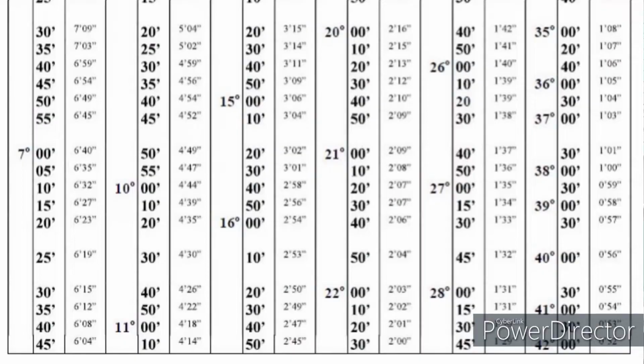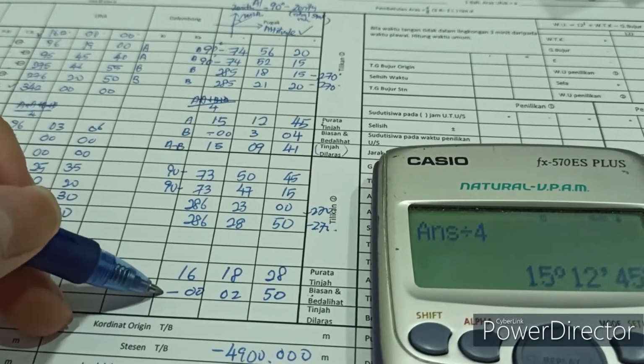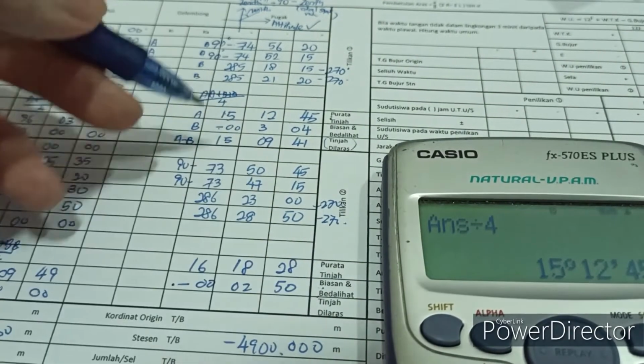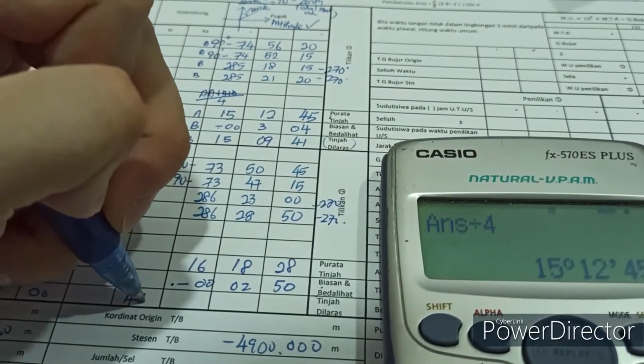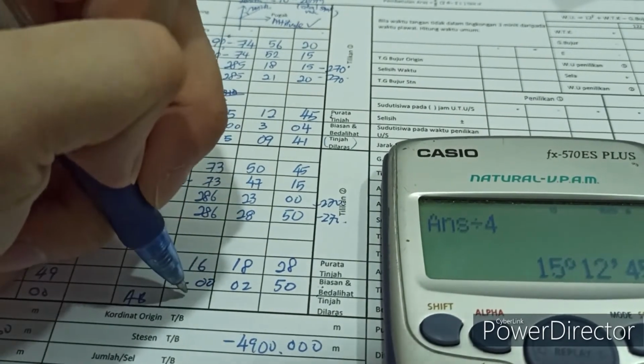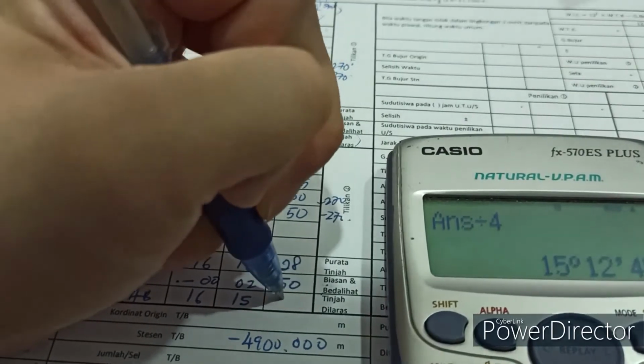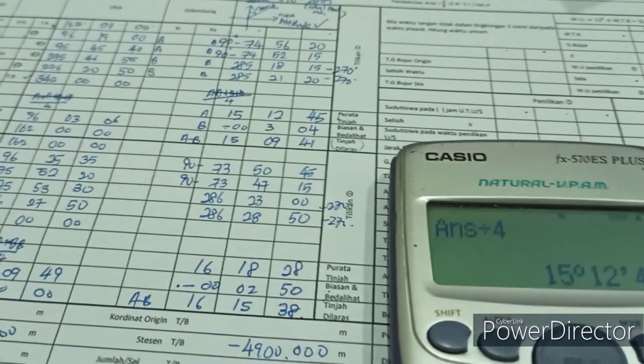The correction will be 0, negative 2 and 50. This is the value I get from the table. And the last one, the corrected altitude, we get from A minus B. So it will be 16, 15 and 38 after we calculate it.